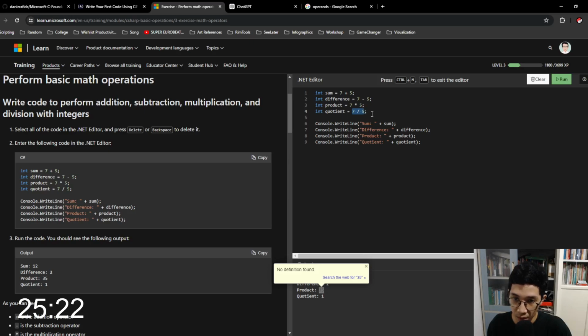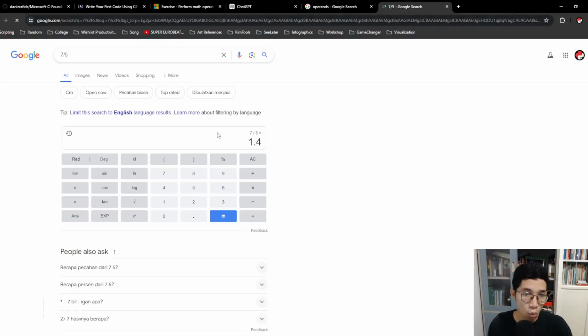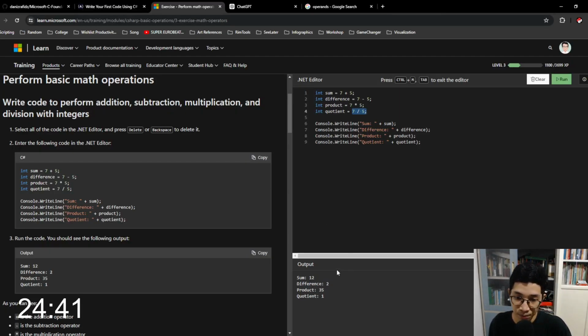7 divided by 5 is 1, because this is not real mathematics, but I mean this is real mathematics, but the way it displays it is not like mathematics, unless you got a float here. Because this is an integer and it can store only the whole-number part, it will just display the first part.